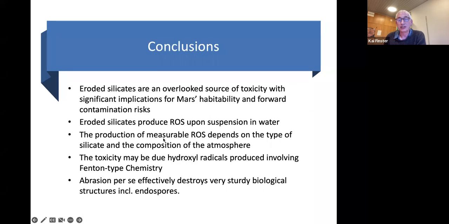The production depends on the type of silicate and the composition of the atmosphere. The toxicity may be due to these hydroxyl radicals produced by Fenton chemistry, and the abrasion in itself may have an effect that destroys chemical structures, including endospores. And here I'll just remind you of this conversation that we had with Mintz and their group.